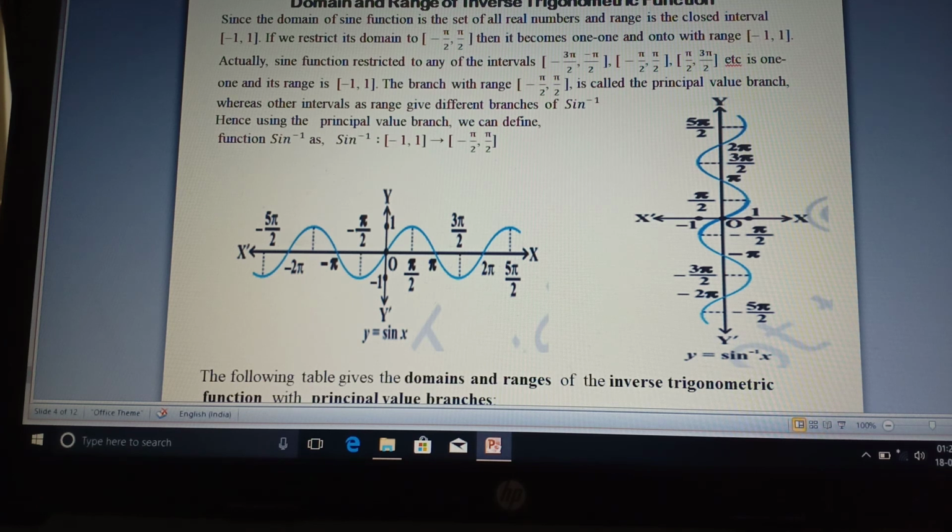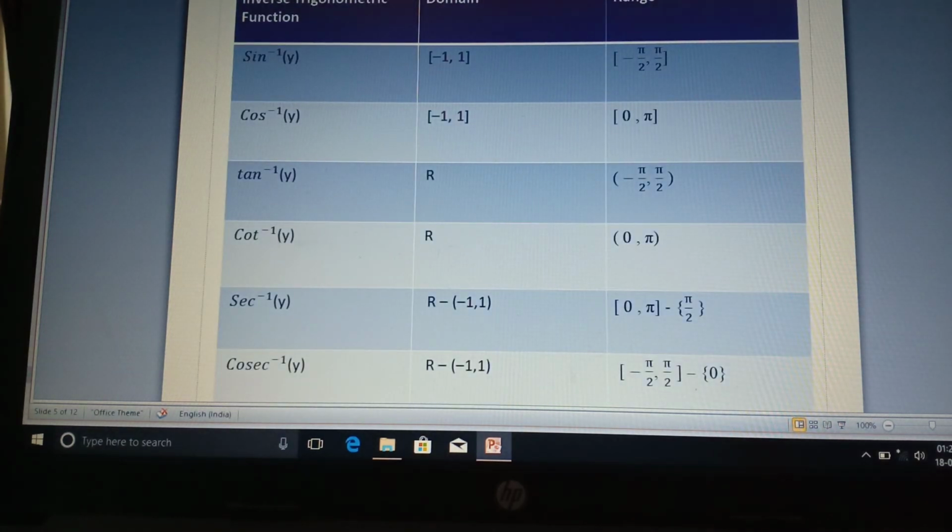Similarly, we can find the principal value branches of other inverse trigonometric functions, and there is a table you can see in the chart. Sine inverse: domain is minus 1 to 1 and range is minus pi by 2 to pi by 2. Cos inverse: domain is minus 1 to 1 and range is closed interval 0 to pi.